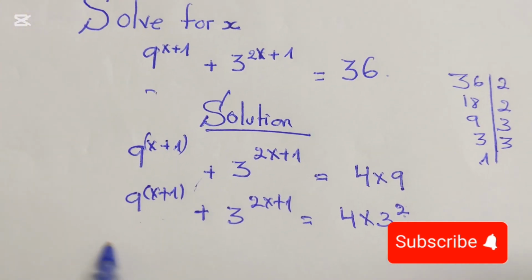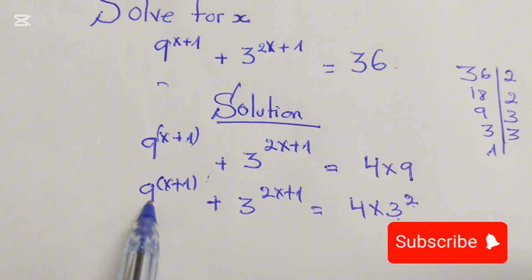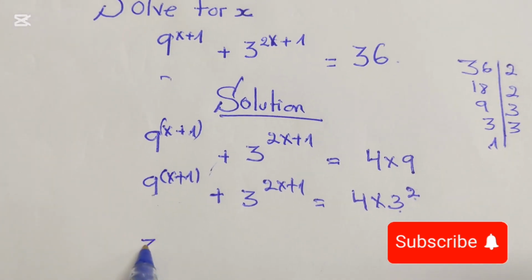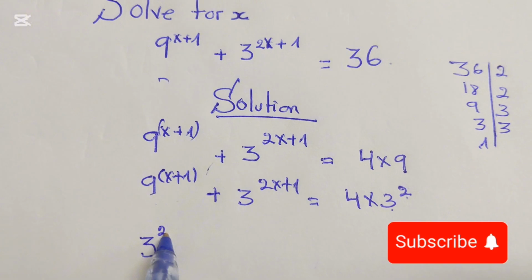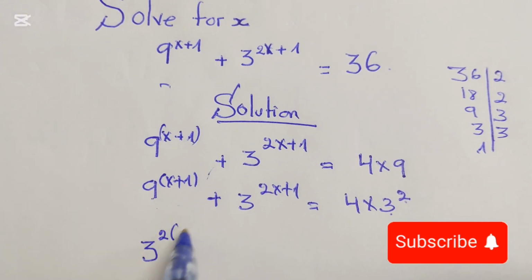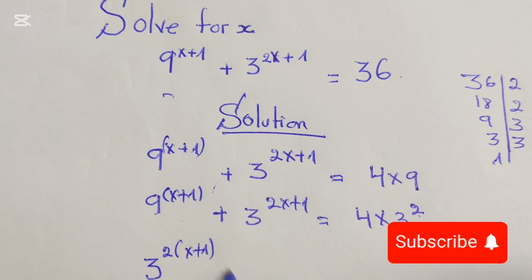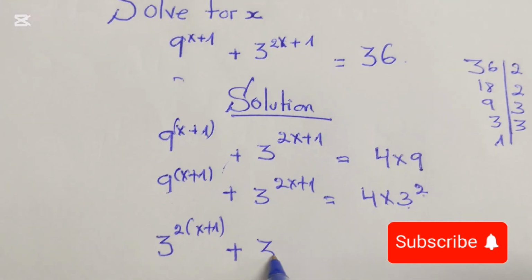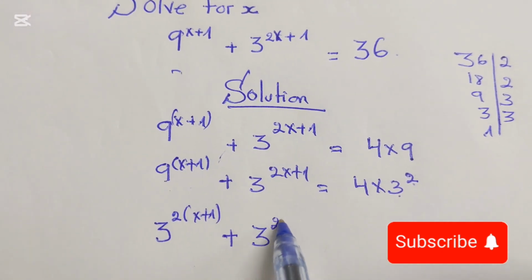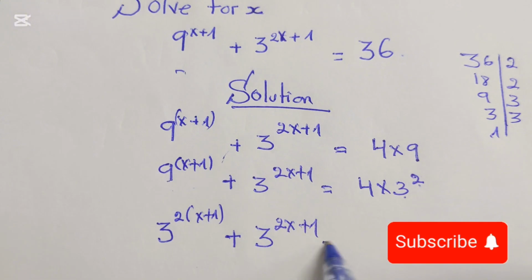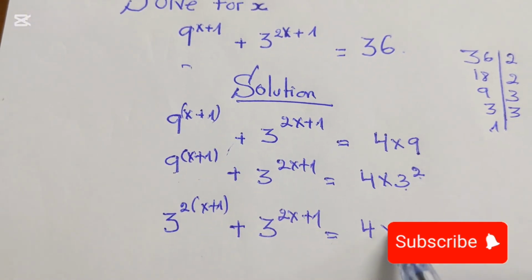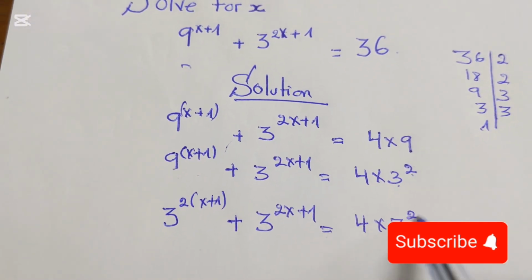As we have it here, 9 will be equal to 3 squared, then times again this one, plus 3 power 2x plus 1, which is equal to 4 times 3 squared.